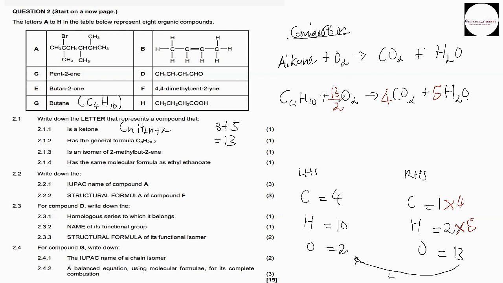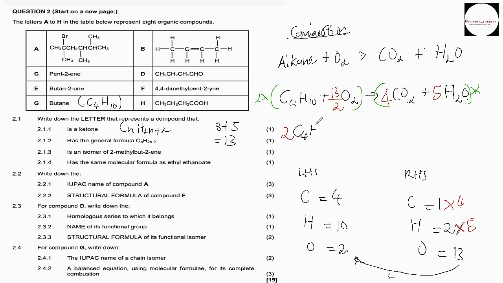I need to get rid of this 2 so that it is no longer a fraction. So I need to multiply both sides by 2. So I now have the 2 here, but note that the compounds will not change.